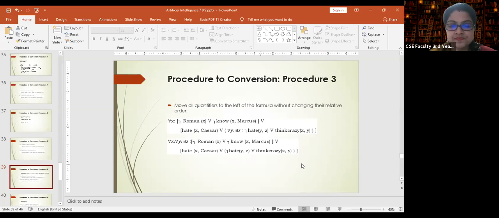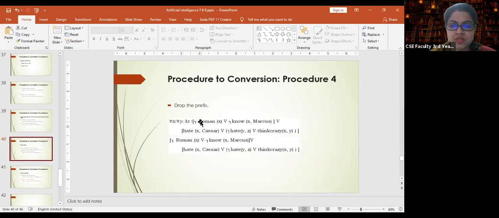Procedure 4 is to drop the prefix, that is, drop all the quantifiers. If quantifiers are written, we can remove all the quantifiers and easily write only the remaining part. Procedure 5 is to remove all the brackets.